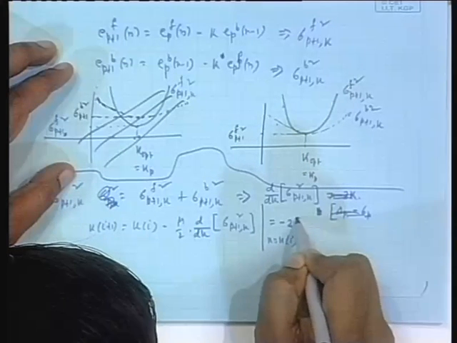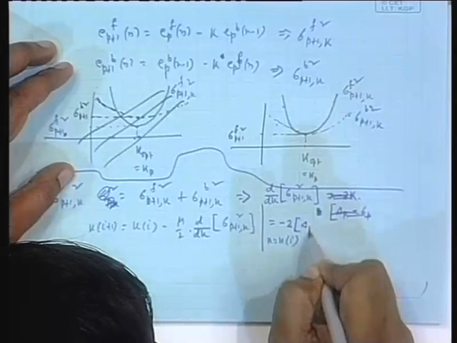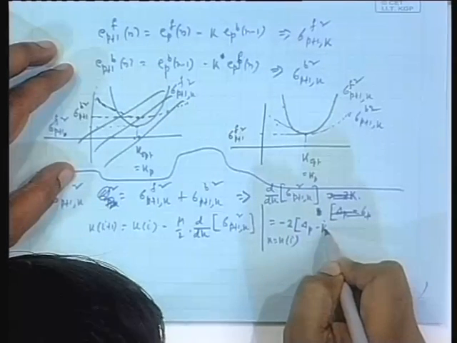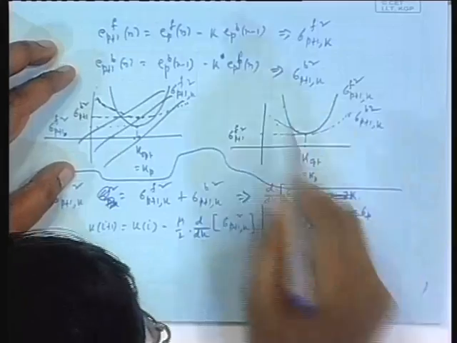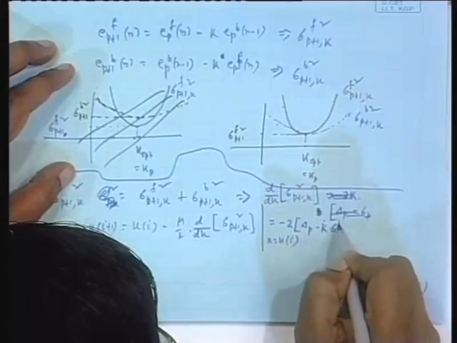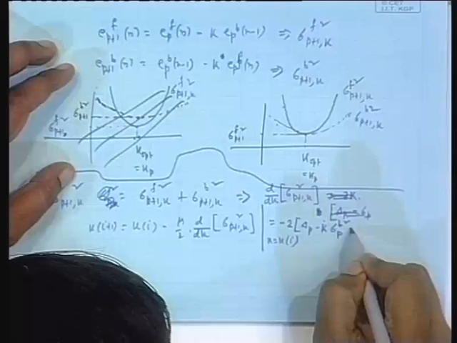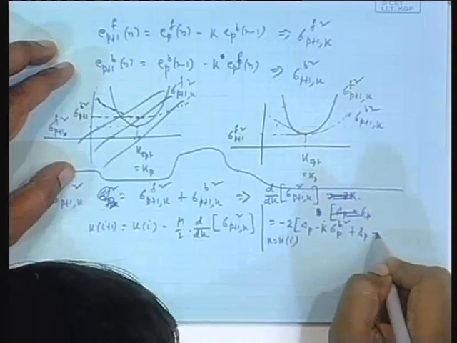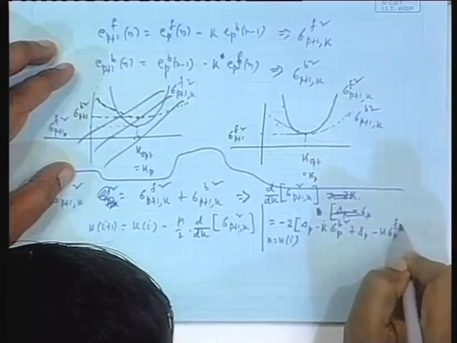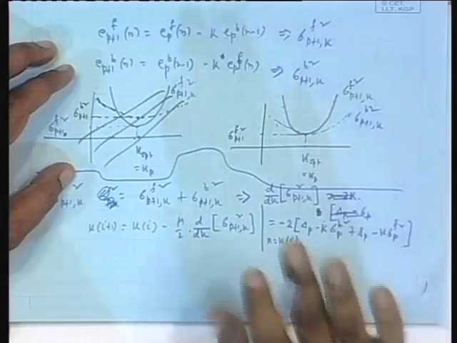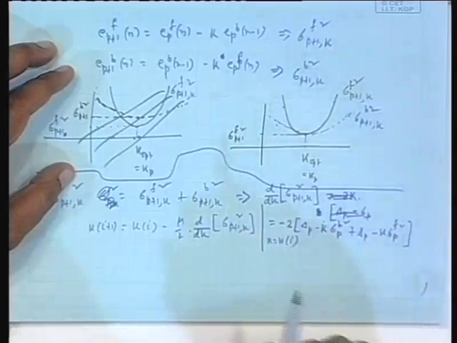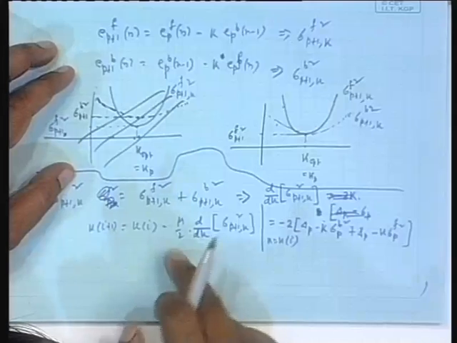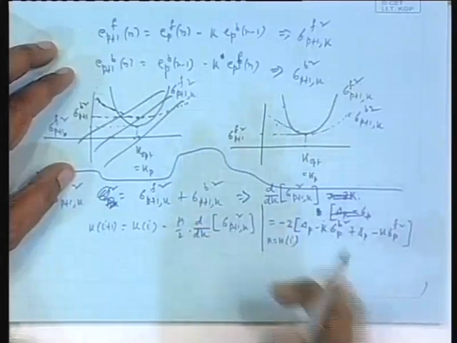Minus 2 delta p minus k into sigma p b square, and then from the lower half again delta p minus k sigma p f square. Am I correct? This is the thing. So, this you have to bring back here. Minus 2 and mu by 2 will cancel, it will become plus mu into this entire quantity evaluated at k equal to k I.